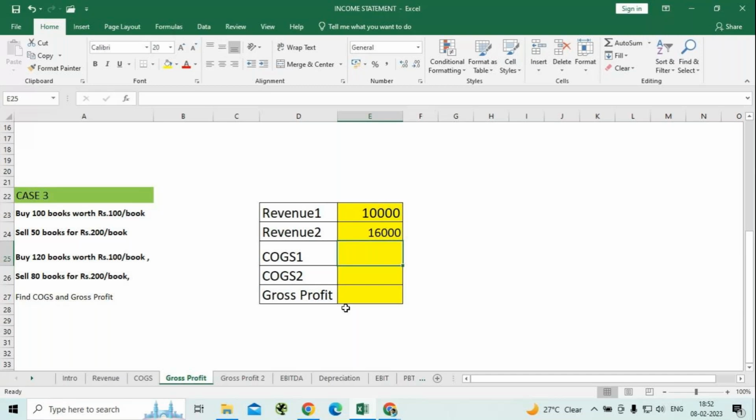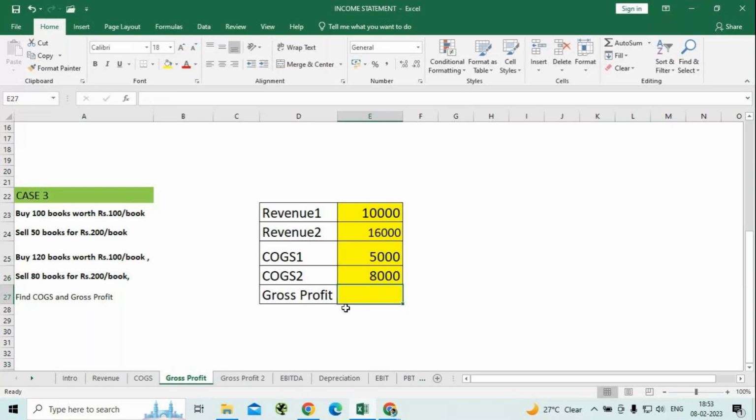Now to earn that first revenue, how much you have spent is equal to 50, the sales units, into the rate of the book, which was 100. And COGS2, related to the second sale: 80 books were sold but you purchased at 800, sorry, 100 rupees.